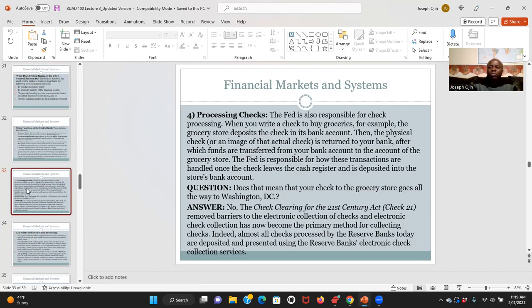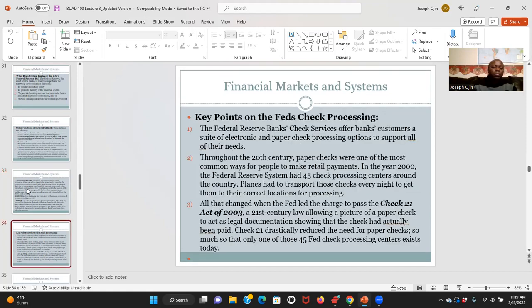That means the check doesn't have to travel to Washington, but a copy of it can be captured and transmitted to the branches of the Federal Reserve where it will be cleared.